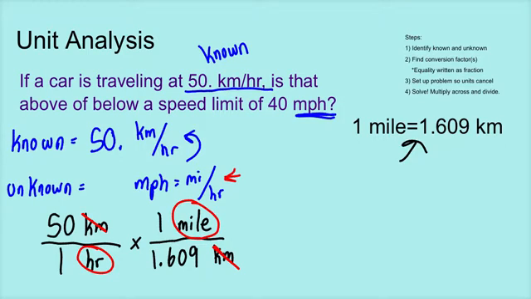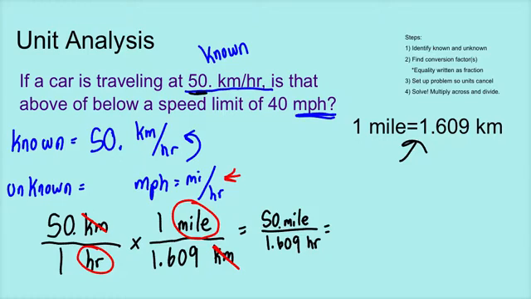Okay, so we just solve it out. We have 50 times 1, which is 50 miles, over 1.609. The units we have left there is hours. We plug that into a calculator. 50 divided by 1.609, and I get my answer of 31.075 miles.